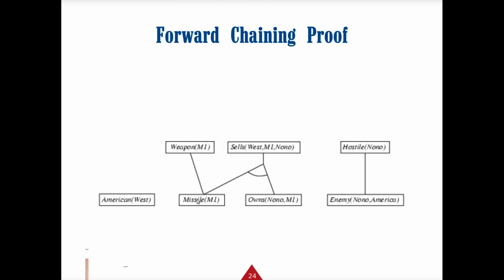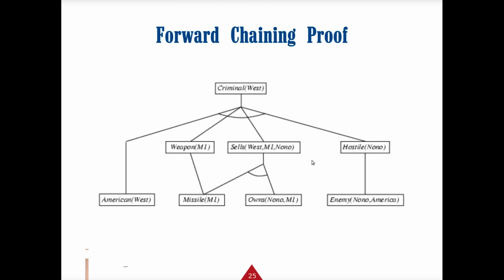A missile was sold by Colonel West. Colonel West sold missile M1 to Nono. The second one is implied, basically saying that because M1 is a missile and Nono owns M1, West sold a missile to Nono, and this is hostile because it is Nono.